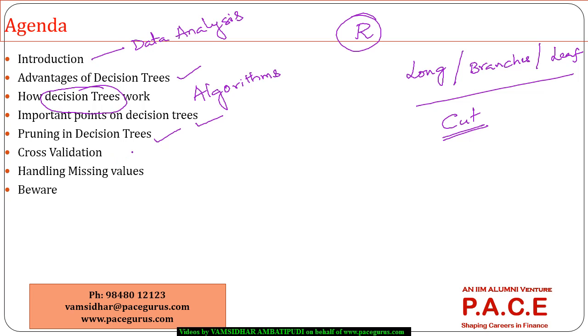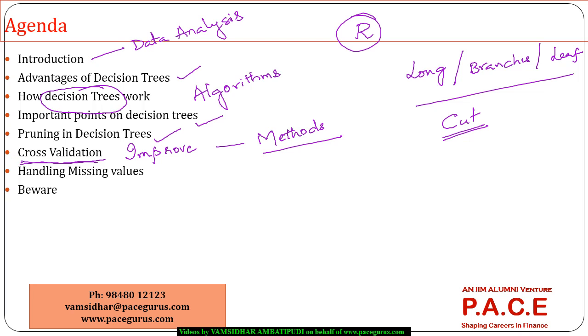Then, for improvisation purposes, we use some procedures called cross-validation. We will be discussing that, very heavily used in the decision tree mechanism. There are again a couple of methods of doing cross-validation, so we will be talking about those mechanisms as well.